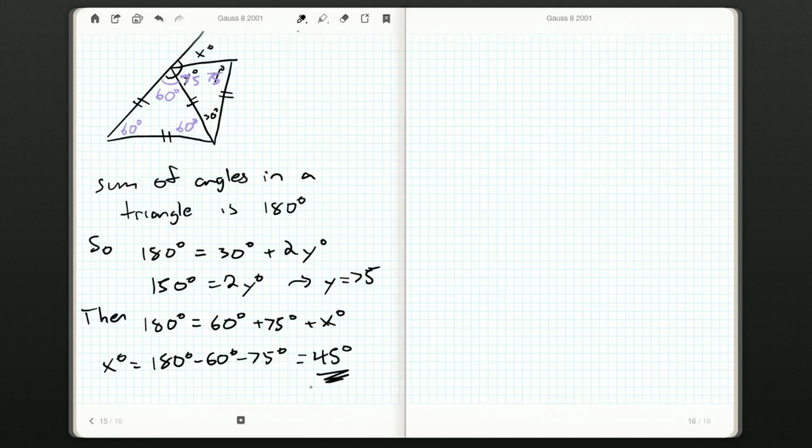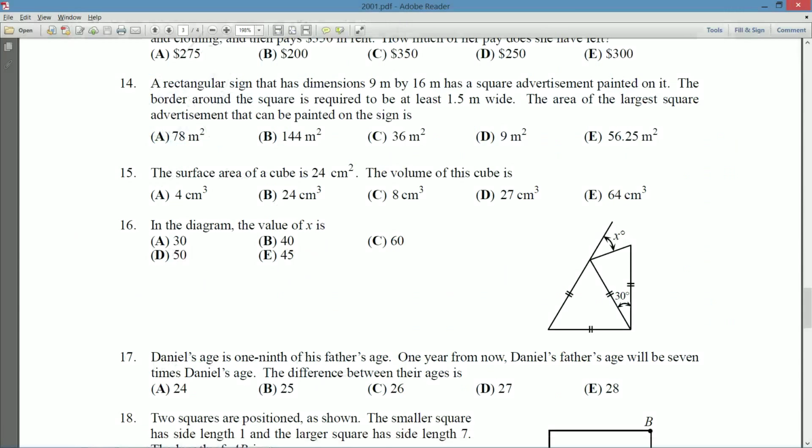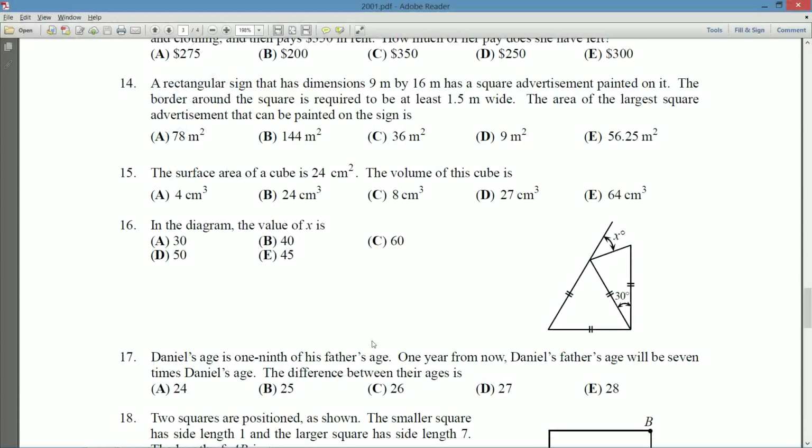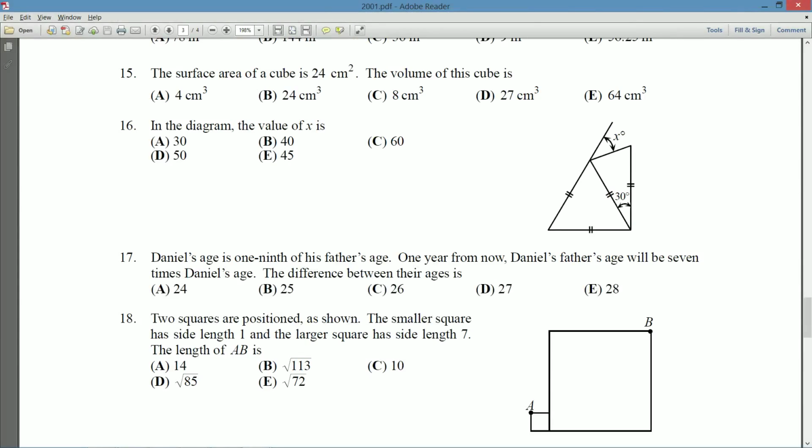So 45 degrees, that should be our final answer. And we'll check, is that one of the potential answers? It is, it's E. So our answer to 16 is E. And we can move right along to question number 17. We'll cover that in the next video.